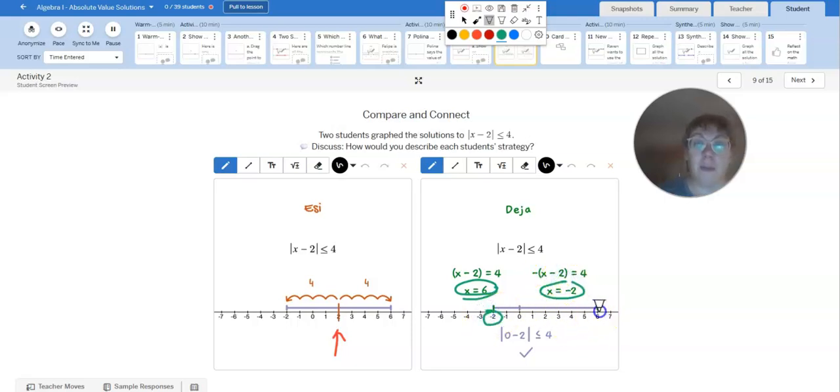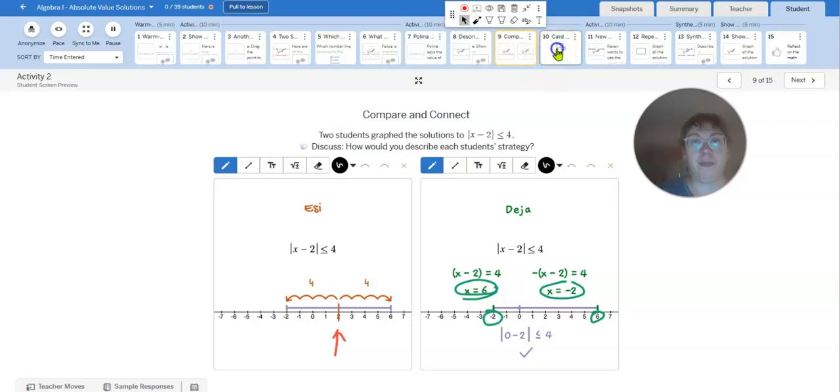So they used algebra to figure out what those 2 boundaries are, and we're going to talk about how you can use our equation practice to solve absolute value equations and inequalities as well. At the end, Deja also tested a point in between them to see if we were going to be shading in between them or outside.